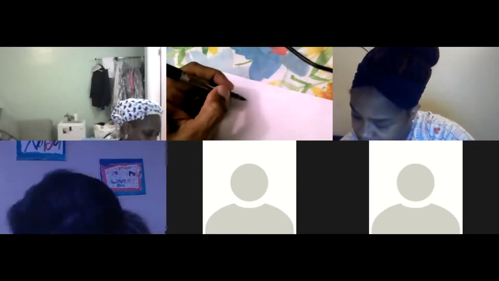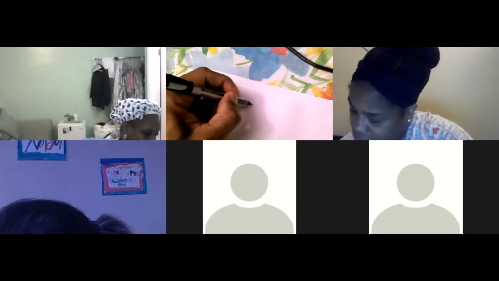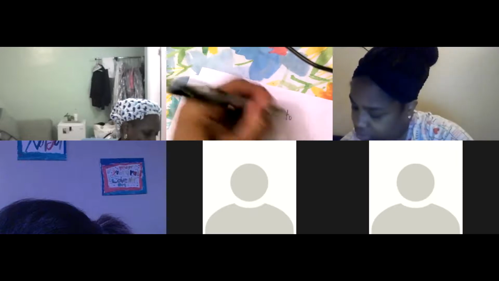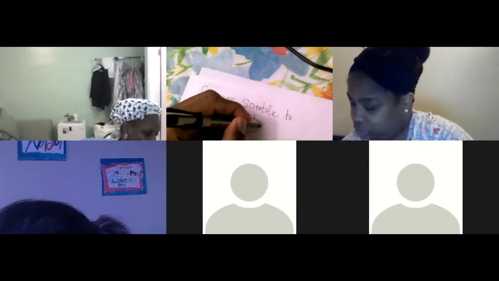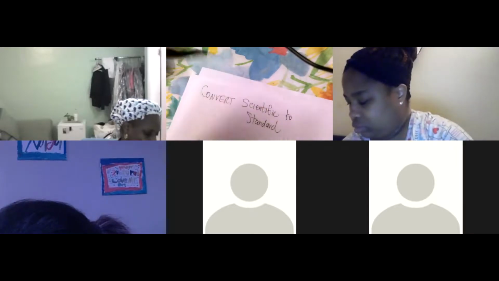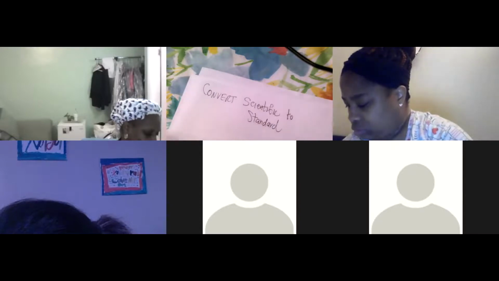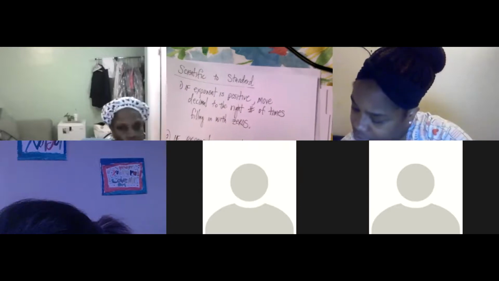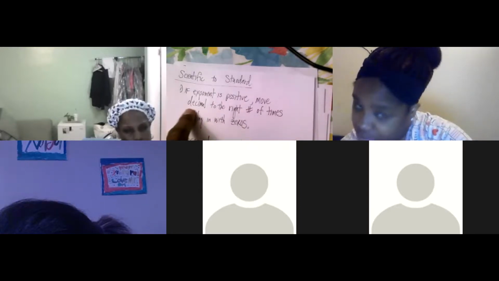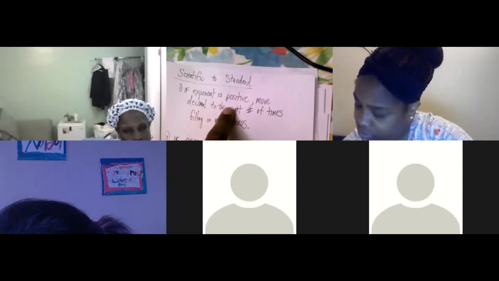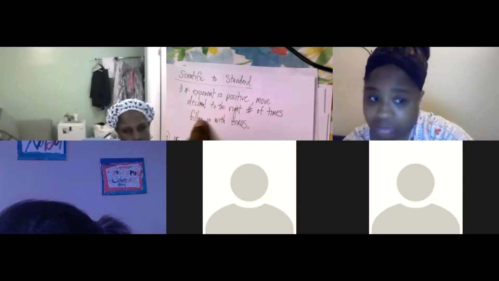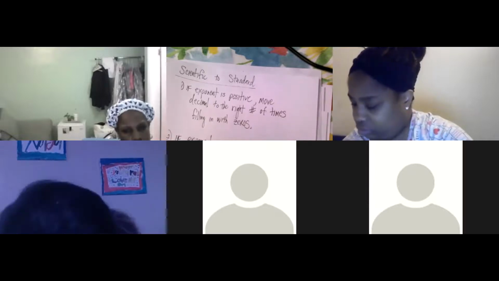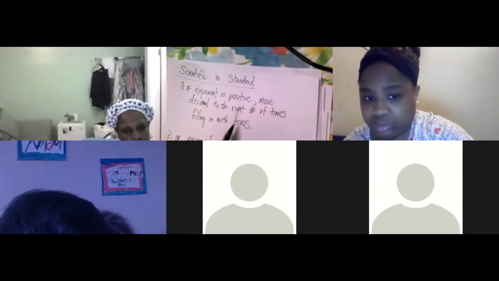So we're going to convert from scientific to standard. When we're converting the other way around, if the exponent is positive, we're going to move to the right that number of times, filling in with zeros.